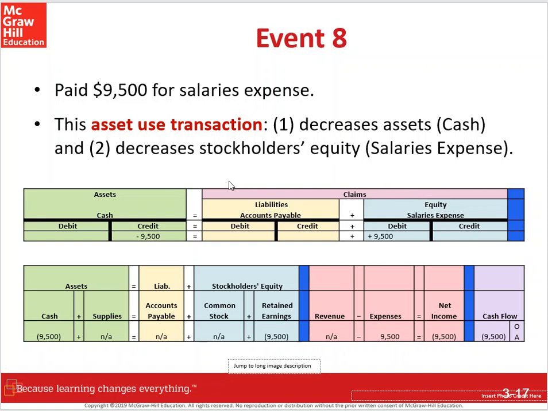So debits equal credits. We're crediting cash, debiting salaries expense, and we're in balance. Minus 9,500 on the asset side, minus 9,500 under retained earnings on the equity side. And again, remember, when we record these into specific T accounts, we don't use retained earnings. We have to use the specific temporary account, in this case, salaries expense. And our cash flow type is OA. Normal part of our operations is to pay our salaries.